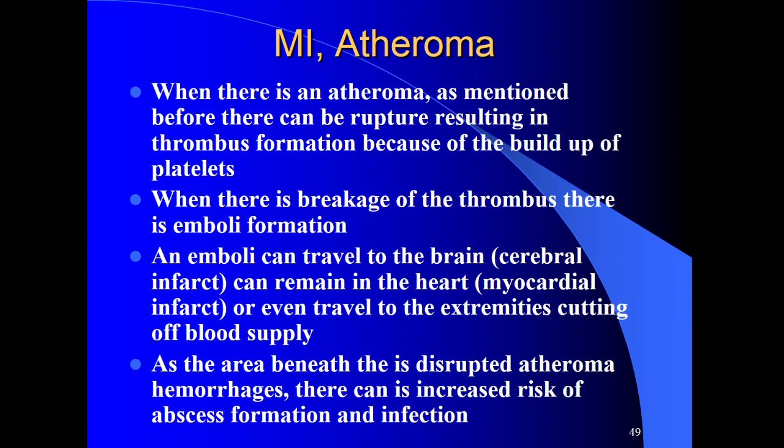An embolus can travel to the brain, causing cerebral infarct, can remain in the heart causing myocardial infarction, or even travel to the extremities, cutting off blood supply. As the area beneath the disrupted atheroma hemorrhages, there is increased risk of abscess formation and infection.